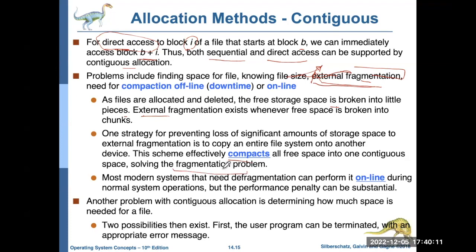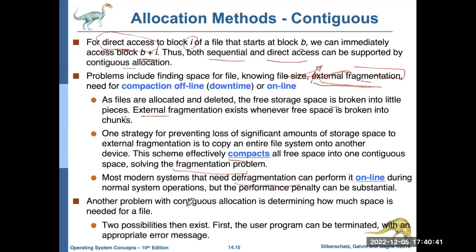We discussed defragmentation. Defragmentation is a process of moving the free spaces towards one end of the disk and all the used spaces to the other end of the disk. That helps us utilize the free space, and the process is called defragmentation.